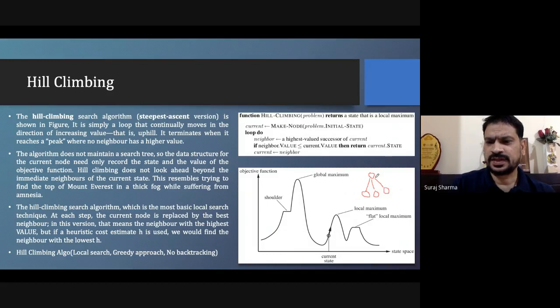Let's say the objective function, or you can say the heuristic value, here is 7. The heuristic value here is 3. Here it is, let's say, 5. Here it is, let's say, 6.